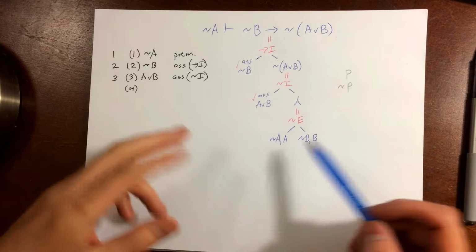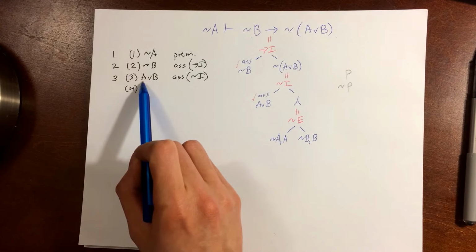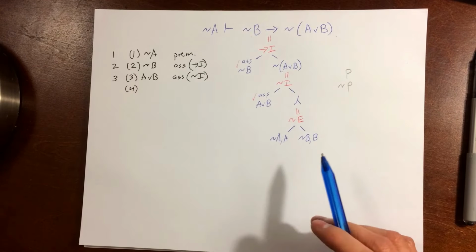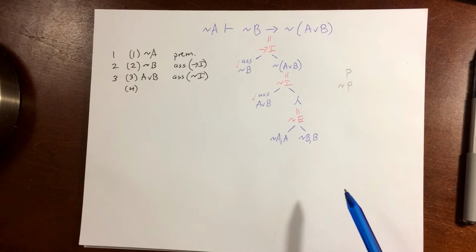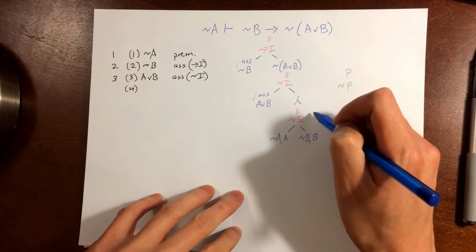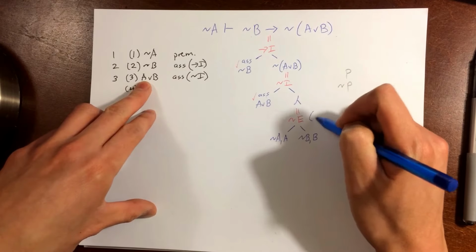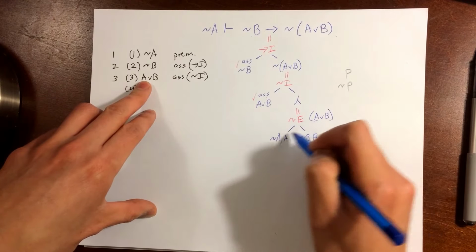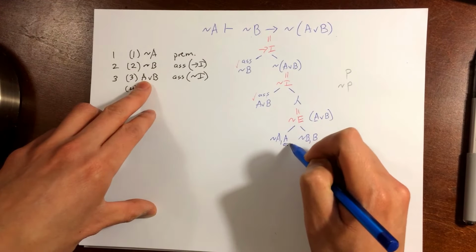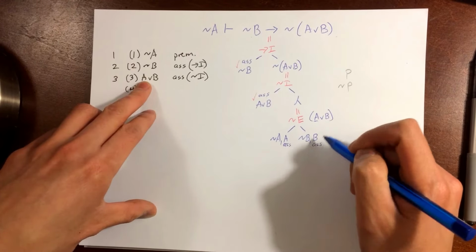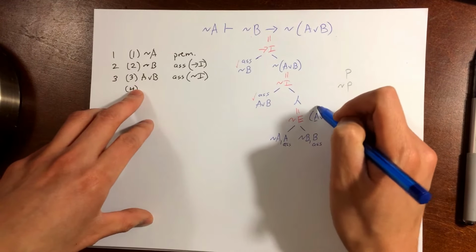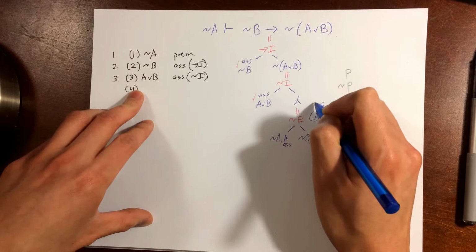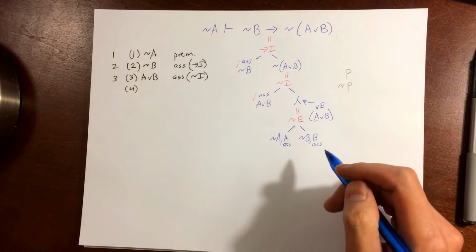But actually, this is a little complicated because we would use the disjunction A or B to produce our lambda. So if you can see that, you have to write a little side note, A or B. And then with A, you get to assume that, and with B, you get to assume that, and use or elimination to produce the contradiction.